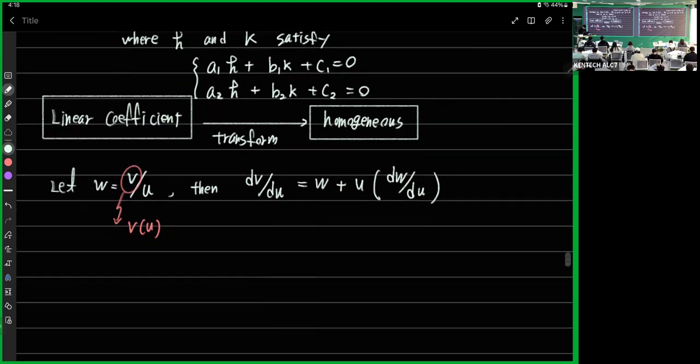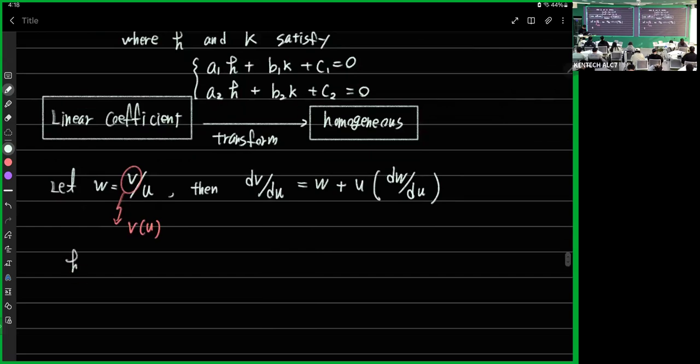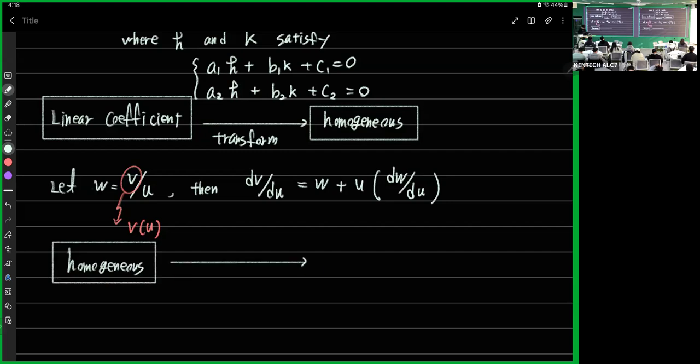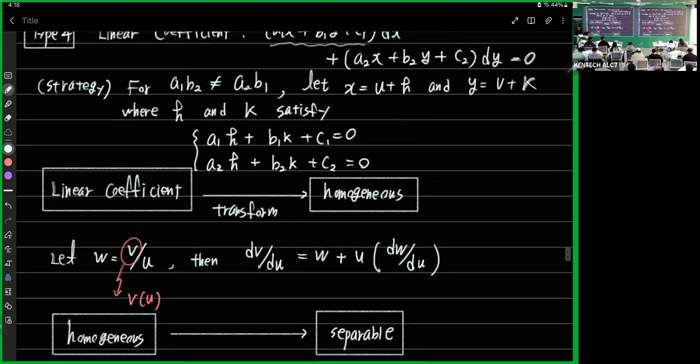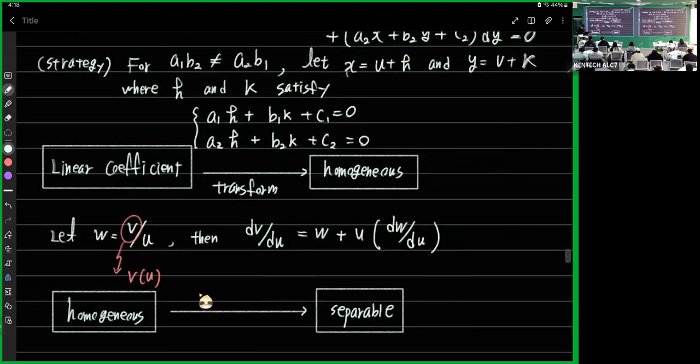Using that substitution, we can transform the homogeneous equation to a separable one. So for type 4, you have to apply two substitutions: first transform the linear coefficient equation to homogeneous, then transform homogeneous to separable.